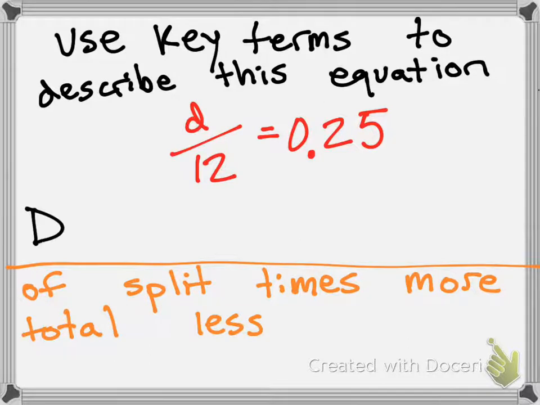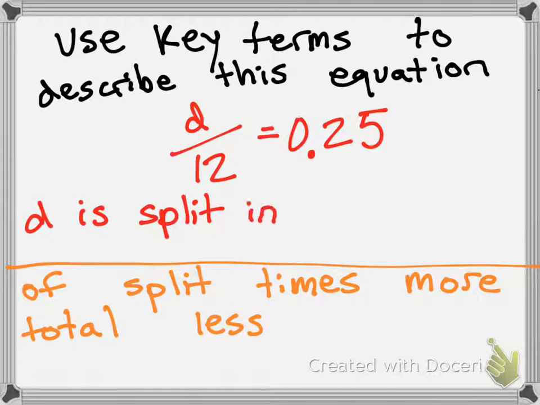So we're going to say D, D is, and what's a good term to use? I put some key terms there at the bottom. D is of, D is split, D is times, D is more. D is what? Anita? It's split into what? 12. Yes. It is split in 12, right?